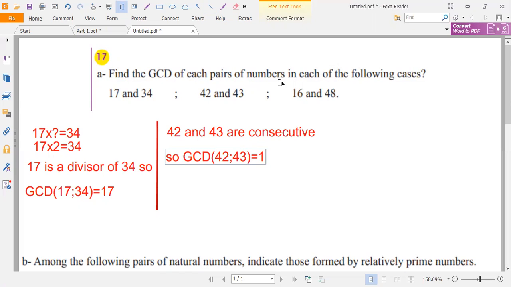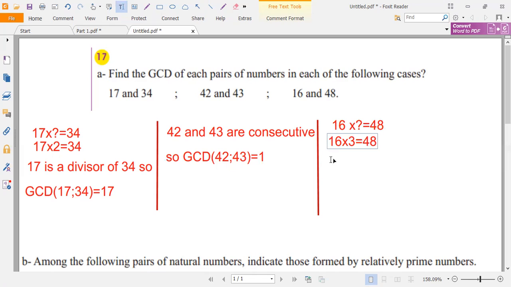Now 16 and 48. Are they consecutive? No, 16 and 48 are not consecutive. Is there a relation between them? We think 16 times a number equals 48. Yes, it is 16 times 3 equals 48.